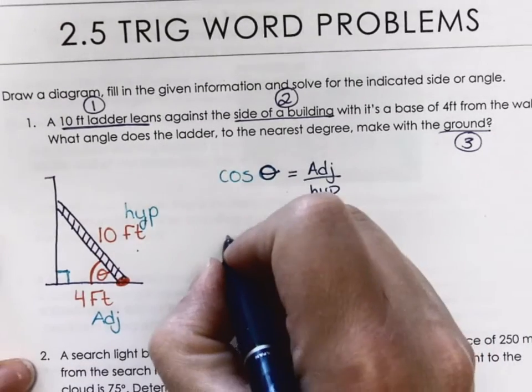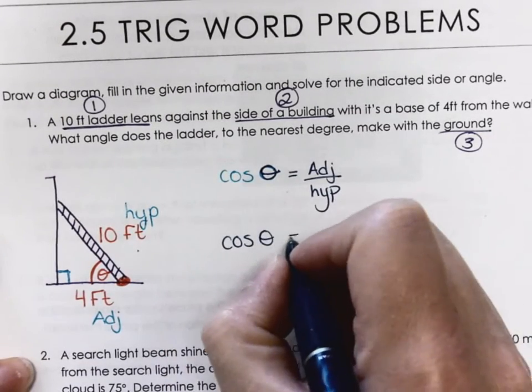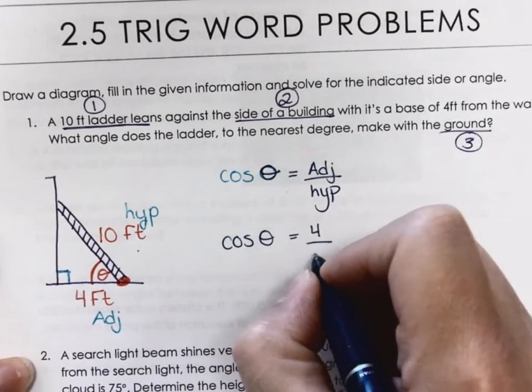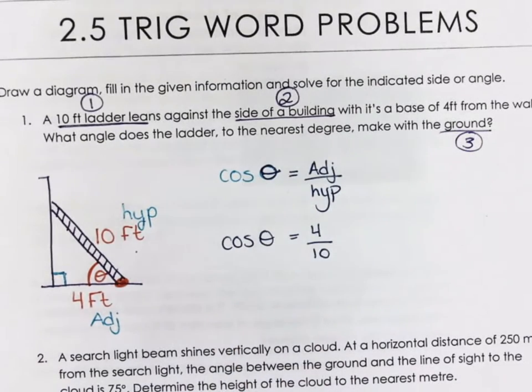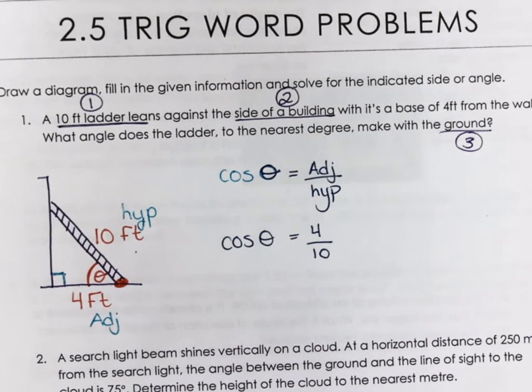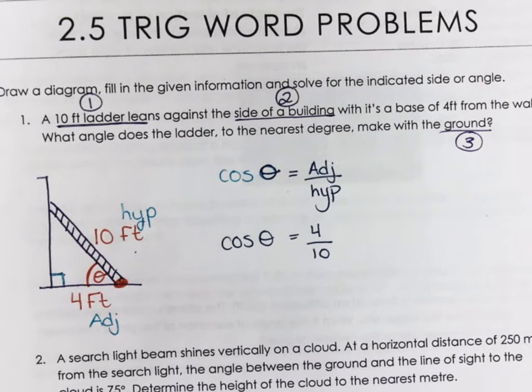You will remember it. So cos theta is equal to 4 over 10. Because I put the adjacent side at the numerator and the 10 in the denominator. And now when I'm solving an angle, what do I have to do in my calculator? That's when I do that second function button, right?